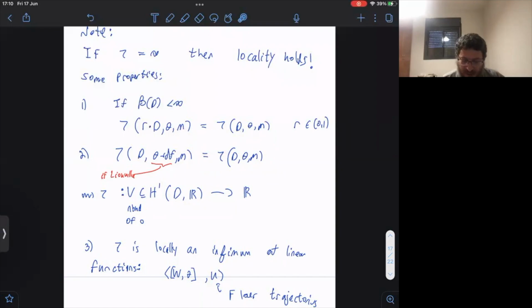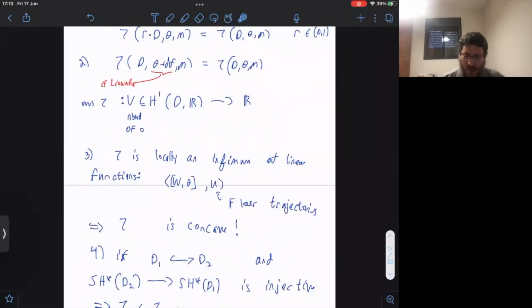Which means that we can think of this as a neighborhood of 0 in H1 of the domain, and also we can see that it's locally an infimum of linear functions, because a witness to a non-trivial deformation, in principle, will be given by some Floer trajectory and by the evaluation of this class on that.